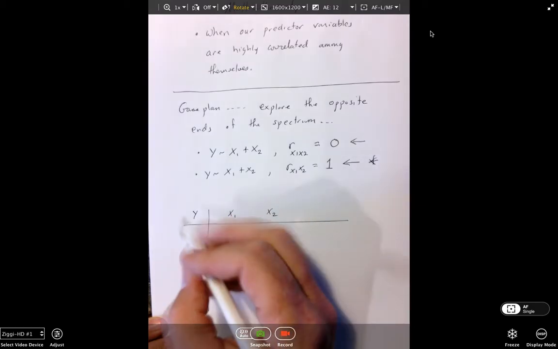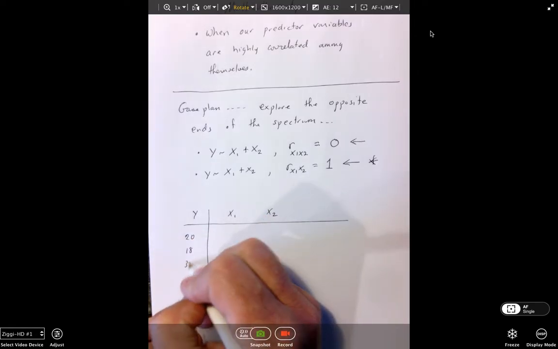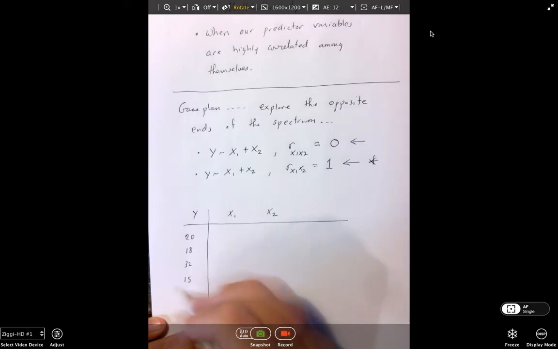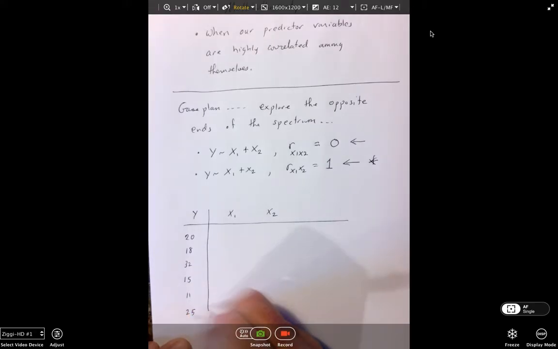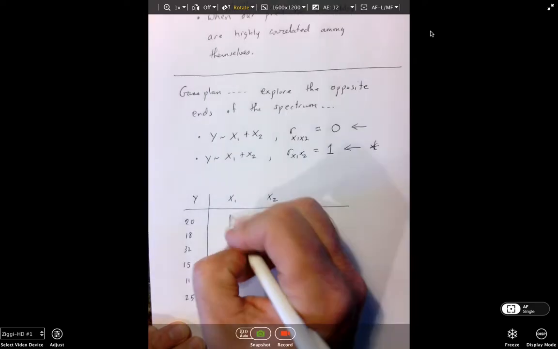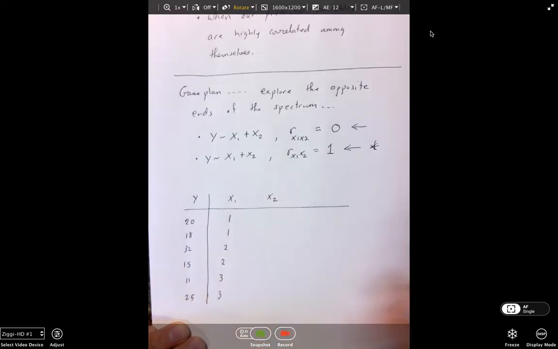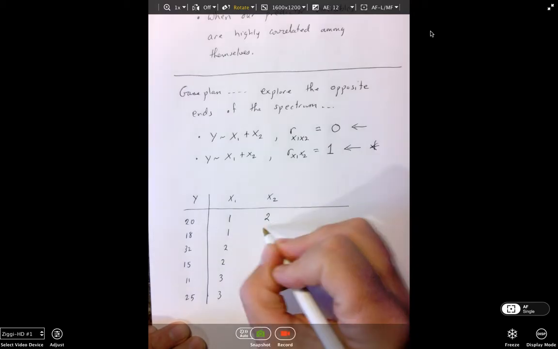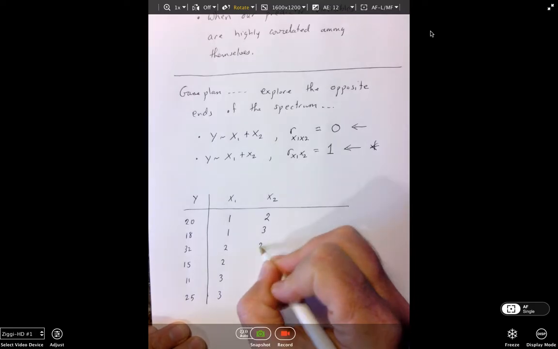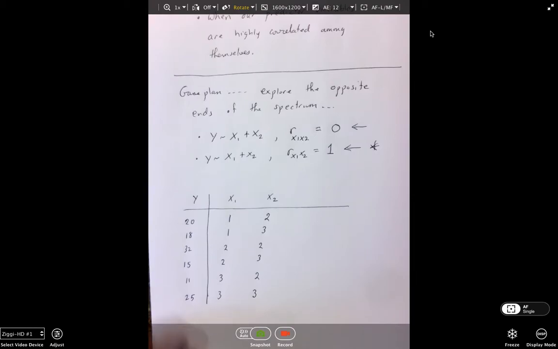The y I want you to look at is 20, 18, 32, 15, 11, 25. And the x1 is 1, 1, 2, 2, 3, 3. And the next thing I did is I came up with values that I knew would create a correlation between the two equal to 0.